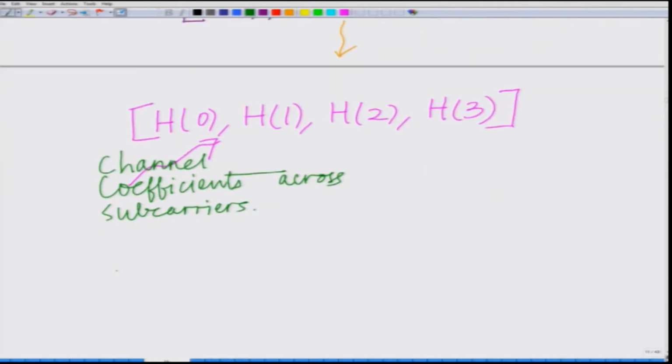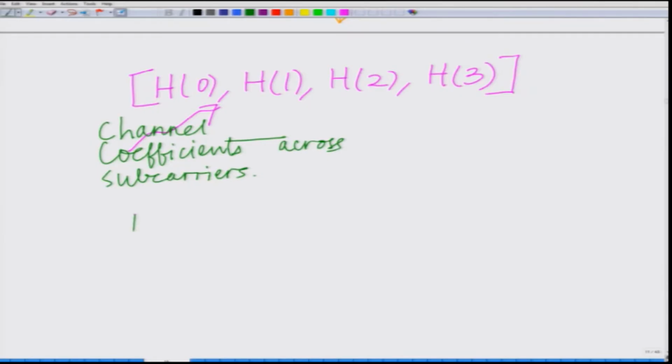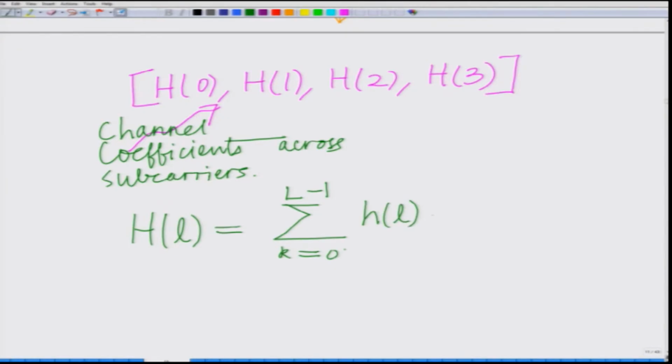And how do we generate them? Naturally, H of L, the coefficient across subcarrier L, equals the summation over k equal to 0 to L minus 1. Remember, we only have L channel coefficients, from k equal to 0 to L minus 1. So, that is h of k e raised to minus j 2 pi k L divided by n.